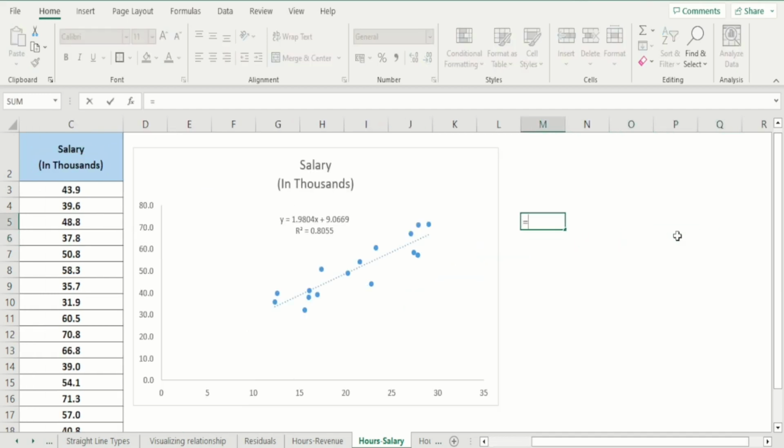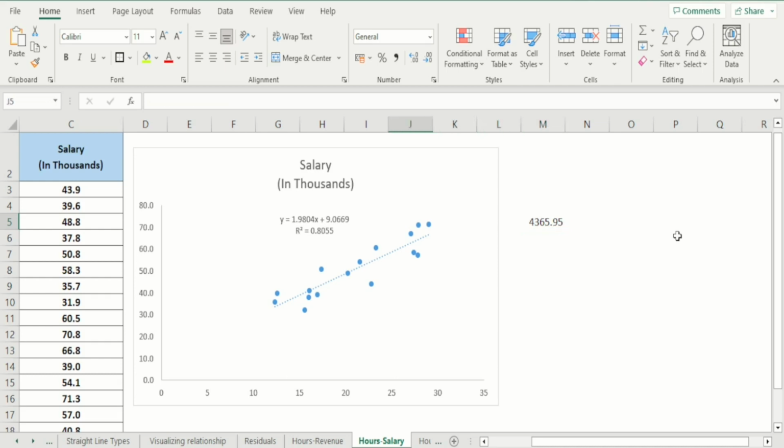So to calculate the estimated salary that would have to be paid out, we can simply take this and multiply this by, let's say, 2200 production hours, and the intercept is 9.0669. There we are. So this basically says that for 2200 production hours, this would be the paycheck that you will have to pay out.